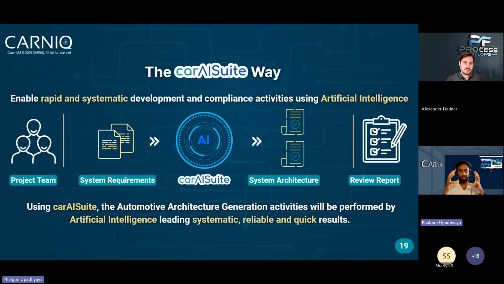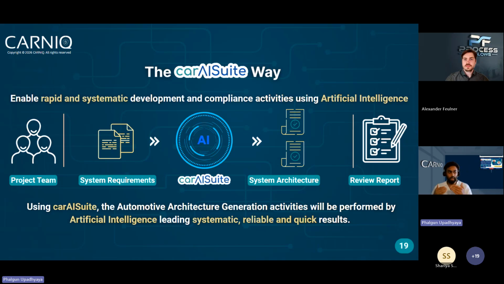So what we have at the center is a carAISuite engine, which, in this particular webinar today, we will be looking at. We give the input: the project team has the input as system requirement. They can give that system requirement as an input to the carAISuite engine.